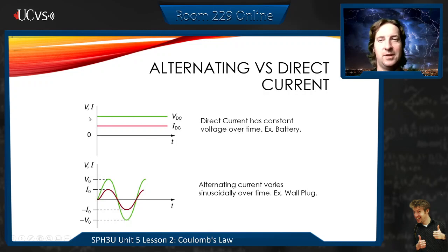It's not exact, but it does it as well as it can to produce a constant 5 volts. That's what USB is, constant 5 volt output. Some of the fast chargers do like 9 volts, but let's not worry about that. So we have alternating, which means it keeps changing back and forth 60 times a second, and direct, which is just a constant flow.